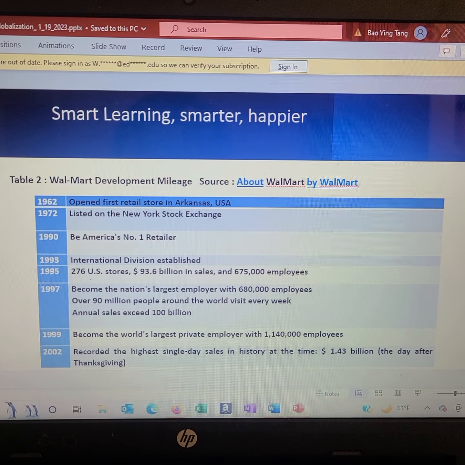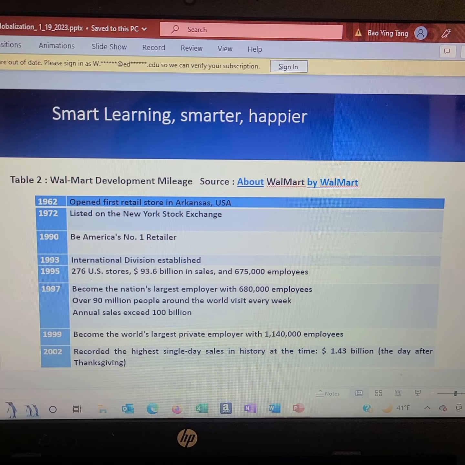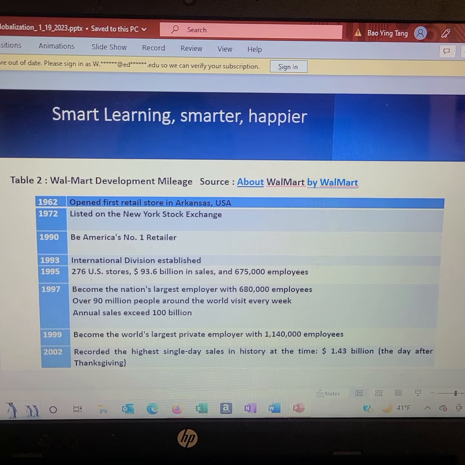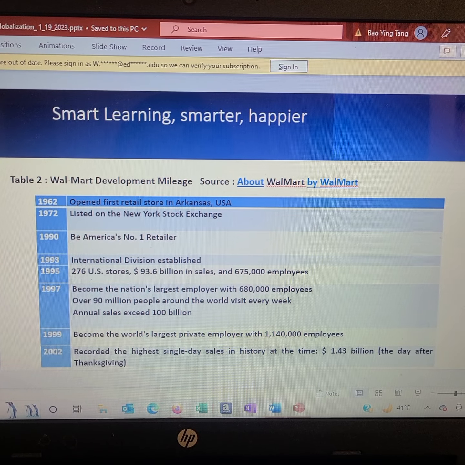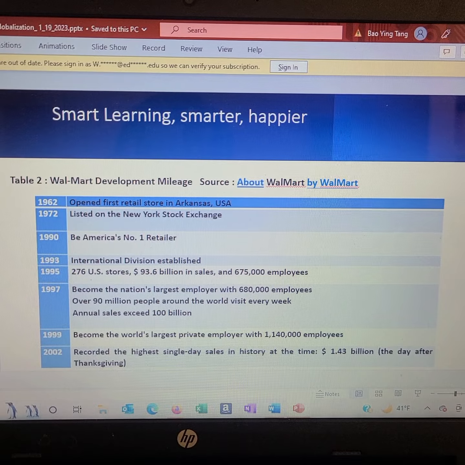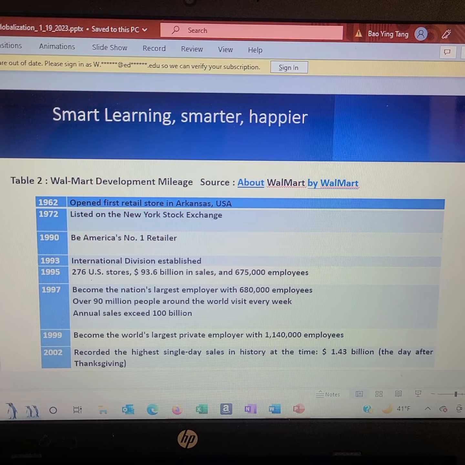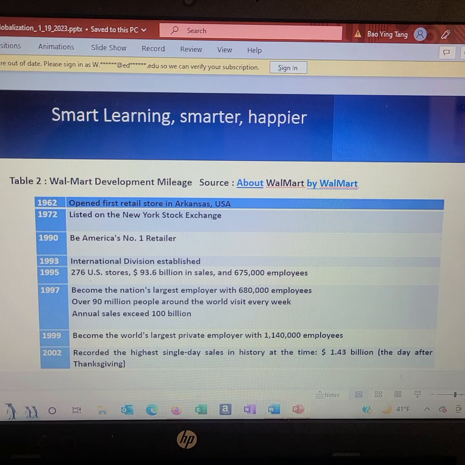In 1997, Walmart has become the United States' largest employer with 680,000 employees. Over 90 million people around the world visit every week. Its annual sales exceed 100 billion. In 1999, it became the world's largest private employer.